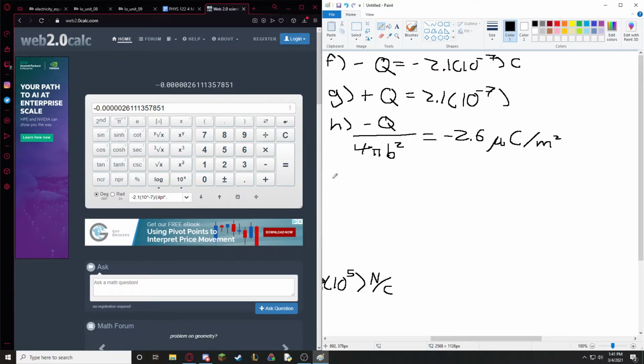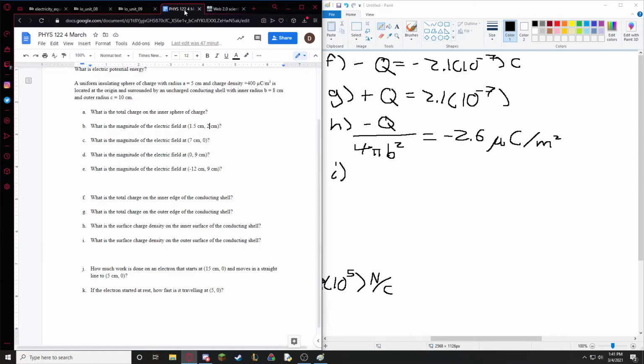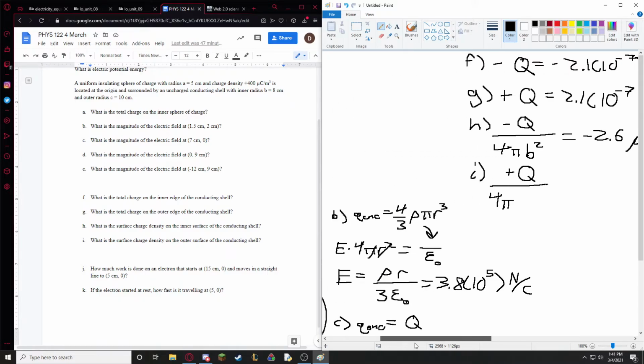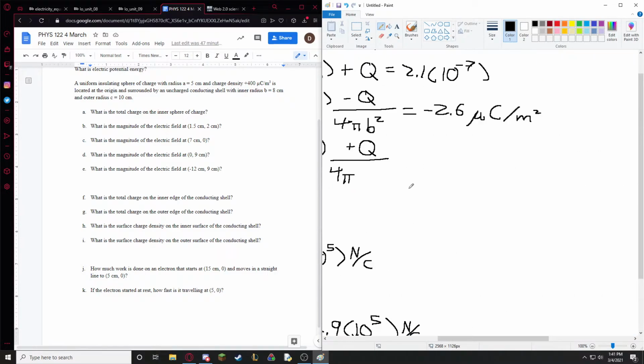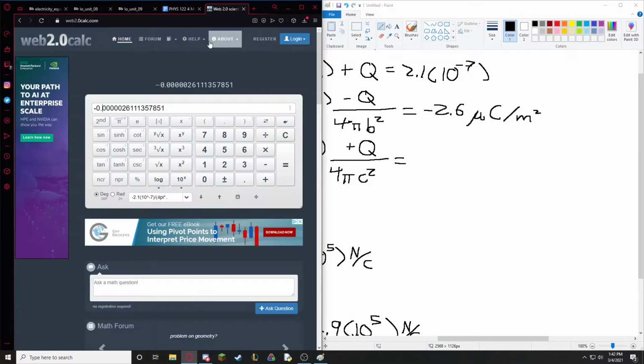And so then for our surface charge density on the outside, we once again take our charge and divide it by the area. So it's going to be plus Q divided by 4 pi times the radius of the outside, which is c. C is 10 centimeters.